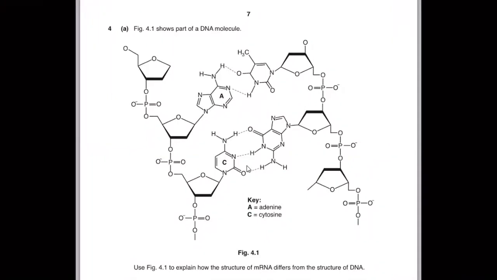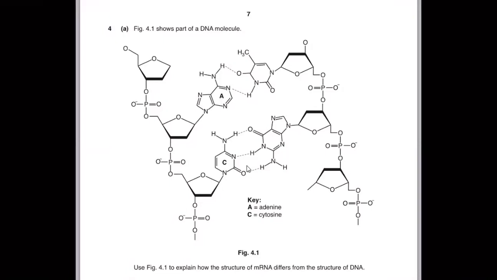Yes, girls, is it DNA or is it mRNA? Miss, it's DNA. What tells you it's DNA, beta? Alia? Miss, because there are two strands, anti-parallel.